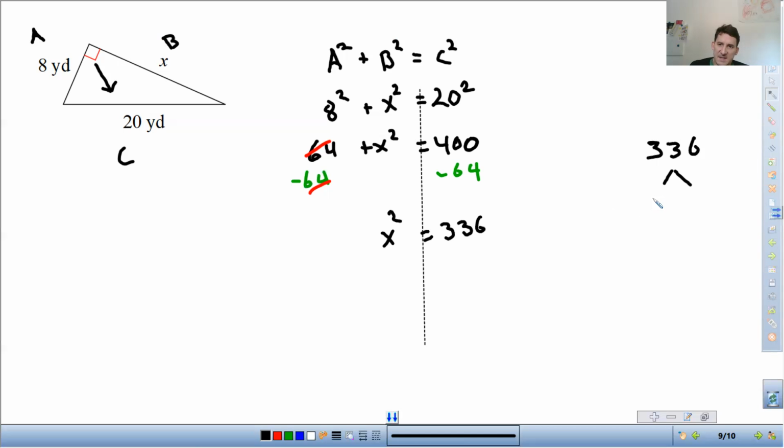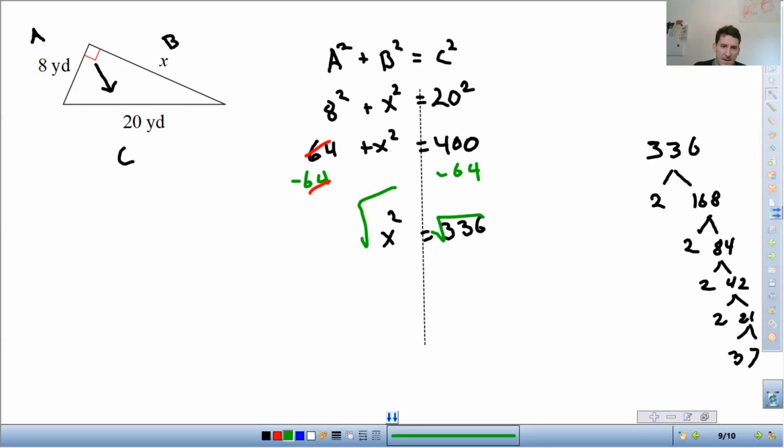So 336 is 2 times 168. 168 is 2 times 84. 84 is 2 times 42. 42 is 2 times 21. And then 21 is 3 times 7. So when I square root both sides, x is equal to, I got to do buddy system on the 336.